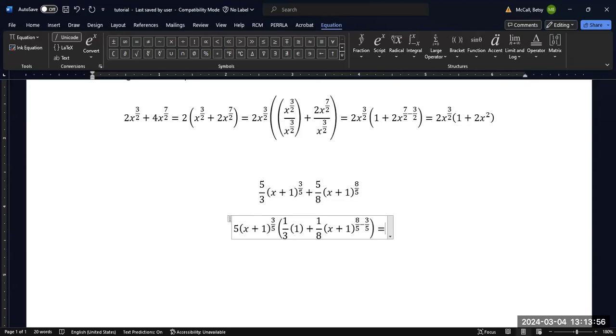And so that's going to simplify to 5x plus 1 to the 3 over 5. And then in our expression here, we're going to have 1/3 plus 1/8 and x plus 1 to the 8 minus 3 is 5 to the 1.